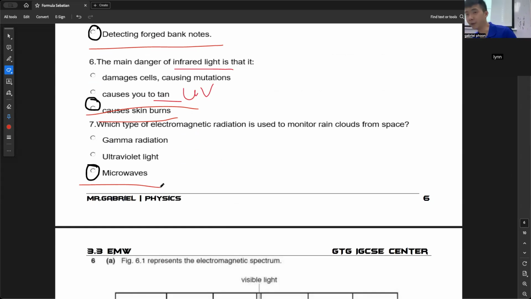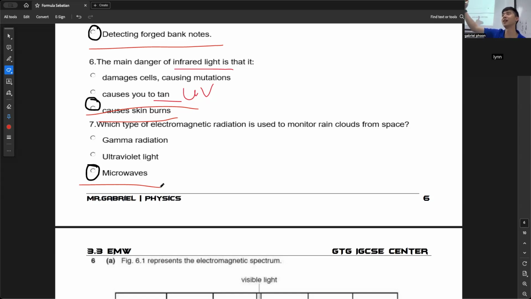By the way, before I let you guys go, you all know how the weather forecast works? Just for insight, guys, if you've ever seen the weather forecast site before, they actually monitor the movement of clouds. They constantly take satellite images of where the cloud is moving.